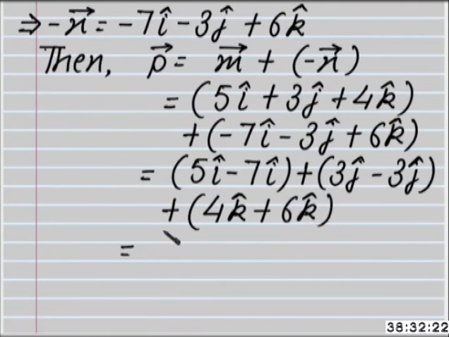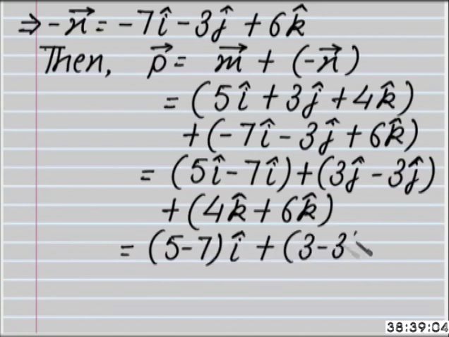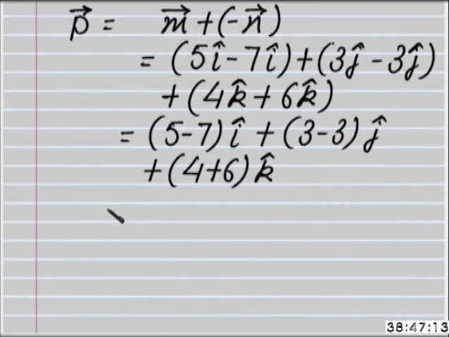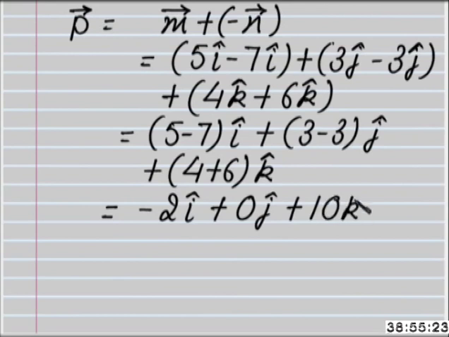So it is equal to (5 minus 7) into i cap plus (3 minus 3) into j cap plus (4 plus 6) into k cap, which is equal to minus 2 i cap plus 0 j cap plus 10 k cap, that is equal to minus 2 i cap plus 10 k cap.